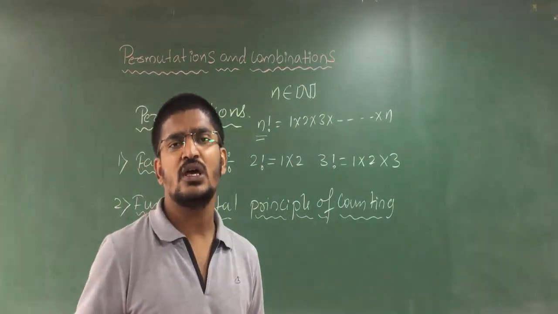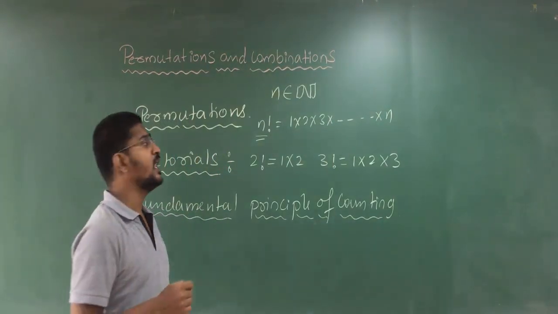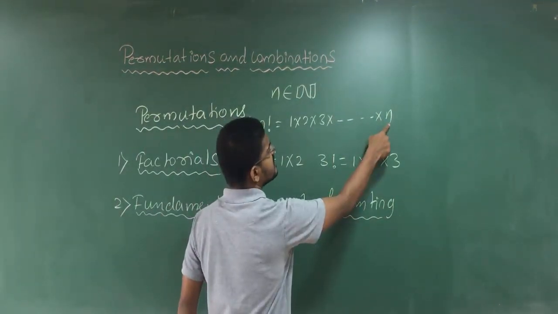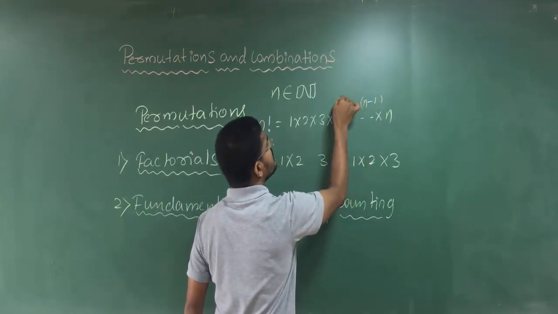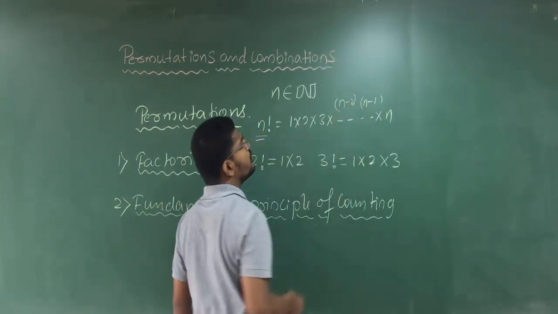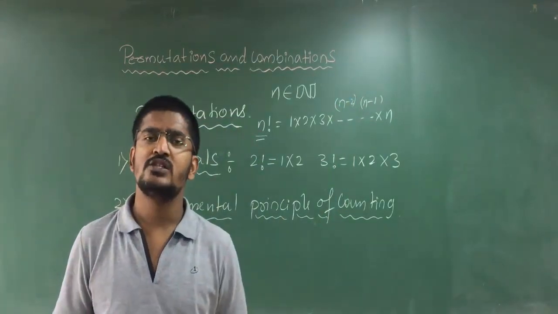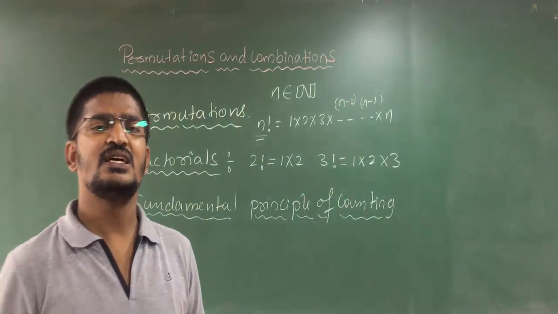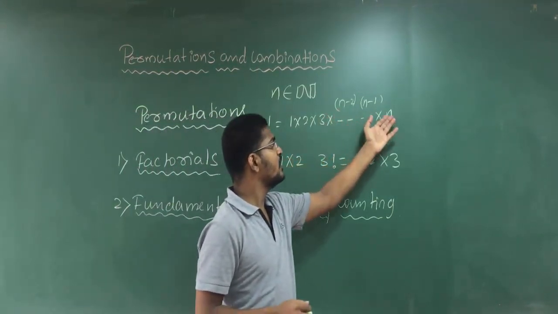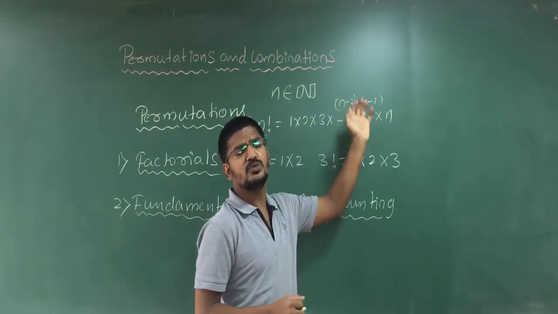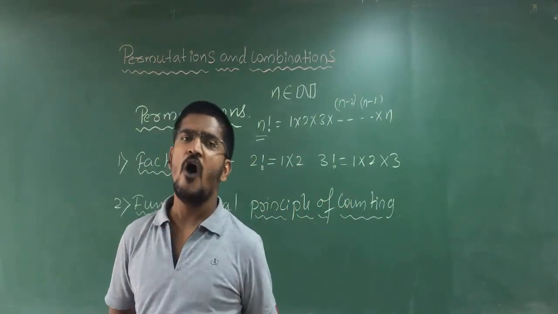Please remember here this is n, the previous number will be n minus 1, and the previous number will be n minus 2. While solving the terms, it is very essential to know that before n comes n minus 1, before that n minus 2, before that n minus 3, and so on.